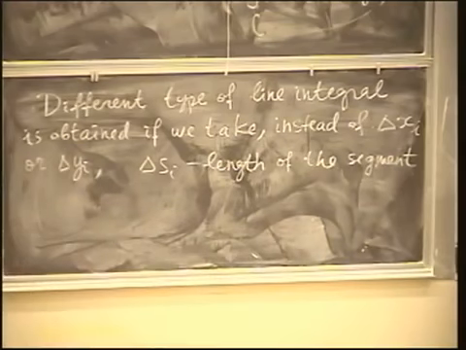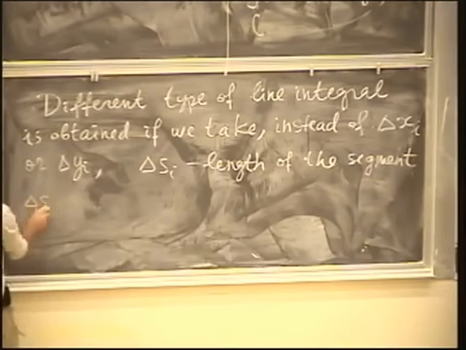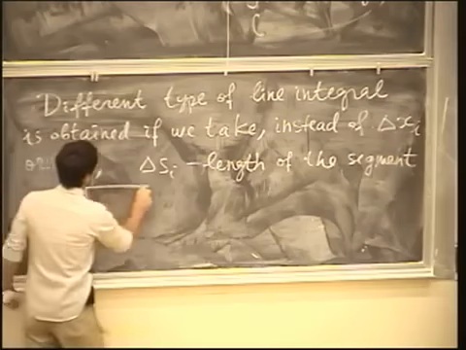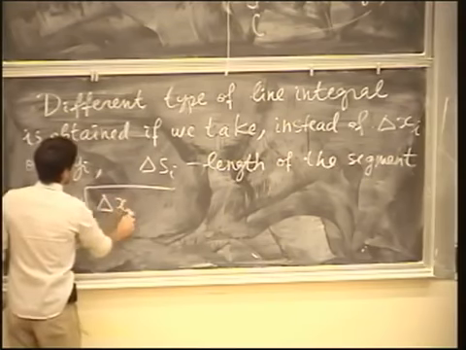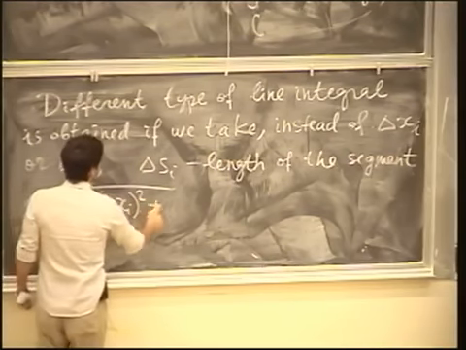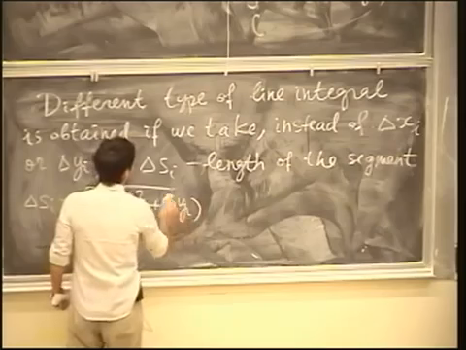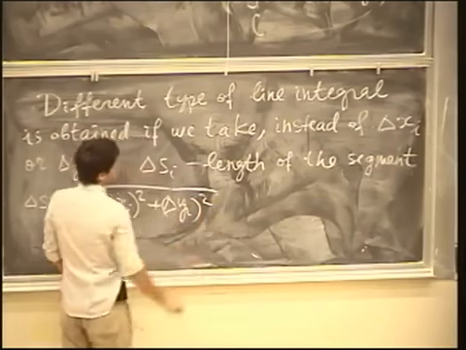All right. So what do we get in this case? Let's call this delta si. And of course, delta si is nothing but the square root of delta xi squared plus delta yi squared, right?